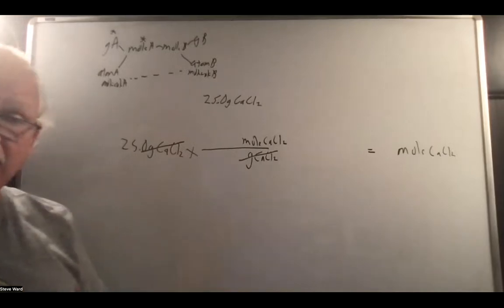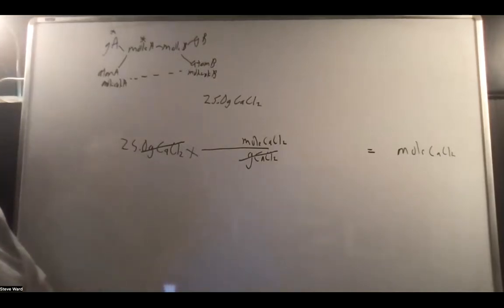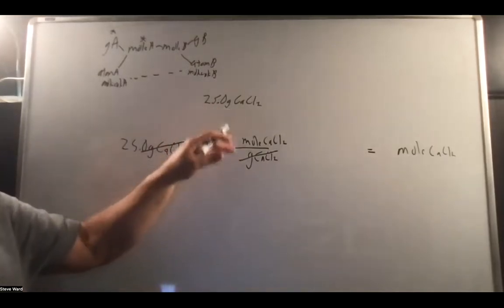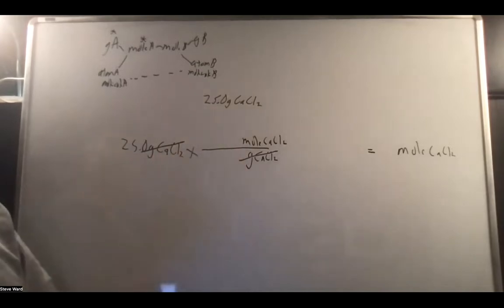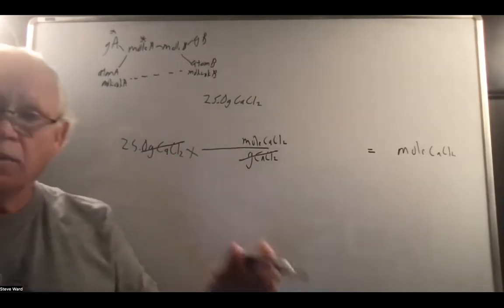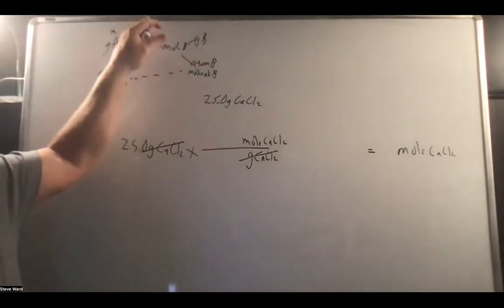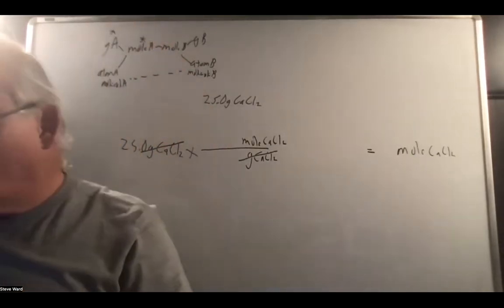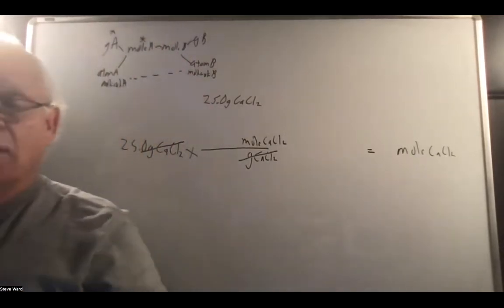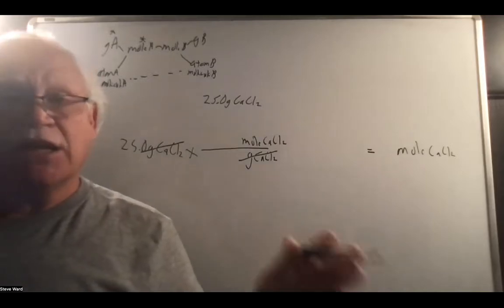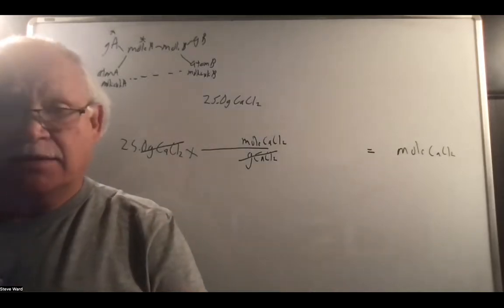Okay, so does everybody see how I did that? All I have to do now is find the numbers. Look at your handout. Whenever I'm converting between grams and moles, which definition do I use? I use the definition that says use molar mass.